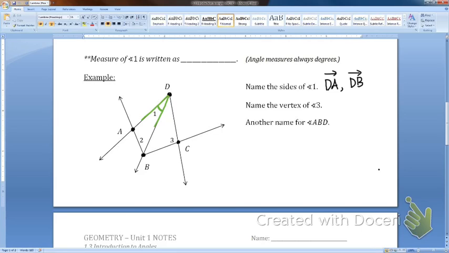All right, next problem says name the vertex of angle 3. So angle 3, go over here, that's this space over here, angle 3. The vertex, again, remember the vertex is the starting point. So the vertex of angle 3, or vertex is a point, would be point C.